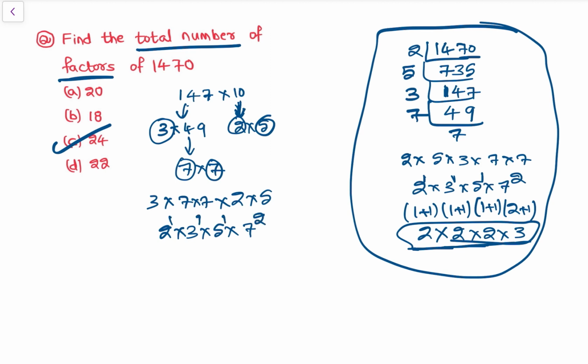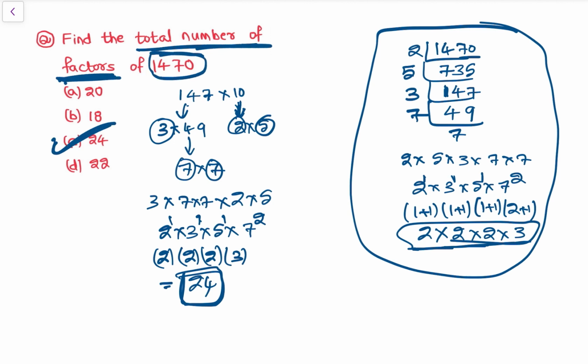So 1 plus 1 is 2, into again 1 plus 1 is 2, into 1 plus 1 is 2, into 2 plus 1 is 3, so isko bhi multiply kiya to you will get 24. So there are 24 factors. Total number of factors of 1470 is 24, theek hai. So that's how we will calculate total number of factors.